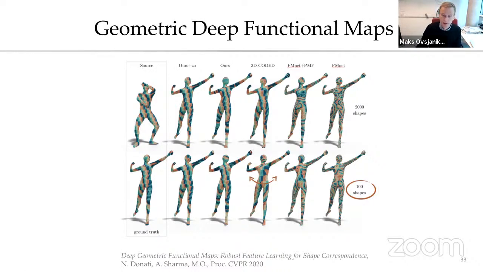Compared to, for example, 3D-CODED, which was a powerful method at the time that required a lot of training data, even with 100 shapes we could learn something that was both robust because it used the point cloud as input to the feature network, and also accurate because it was based on this supervised learning setting.